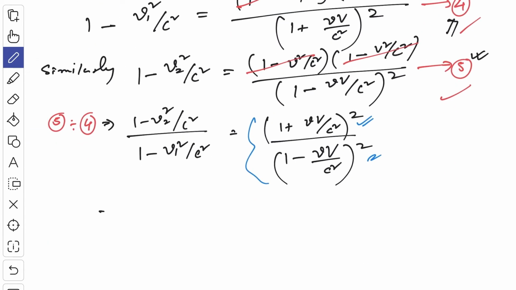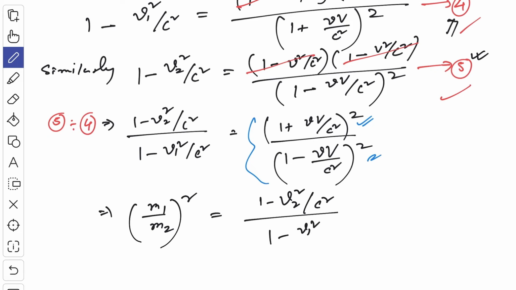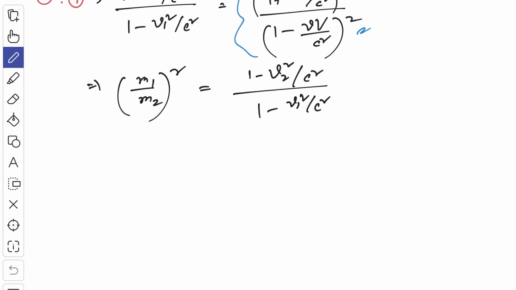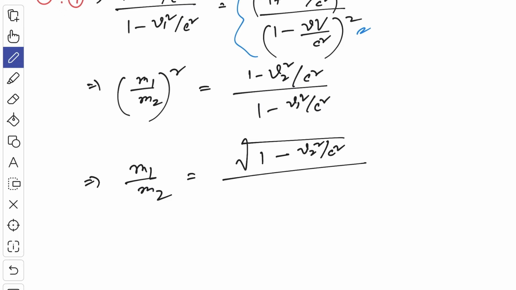If you do so, then you will get that m1 by m2 whole square is equal to 1 minus small v2 square by c square by 1 minus small v1 square by c square, and you can take the square root on both sides, then m1 by m2 is equal to root over 1 minus small v2 square by c square by root over 1 minus small v1 square by c square.